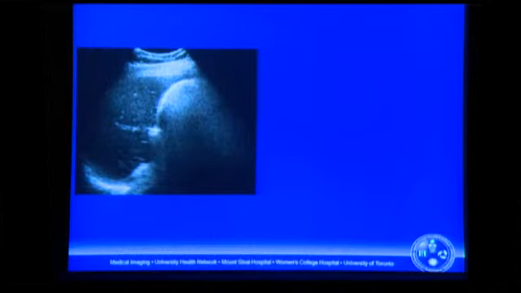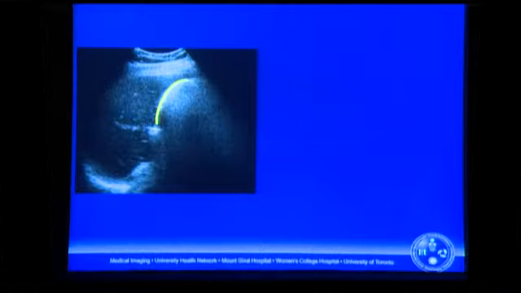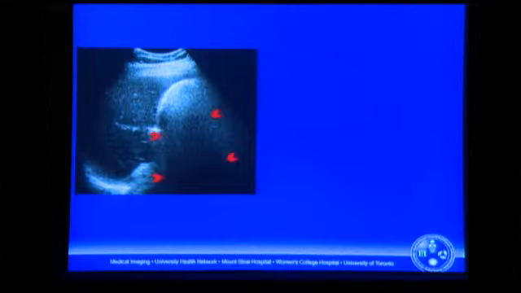Here's a nice example, the very best image we could get of the gallbladder fossa. Notice this very echogenic gallbladder wall, but the important finding here is the shadow that that wall brings about. And rather than a nice clean shadow that we would see from calcium, this is a dirty shadow or reverberation artifact from gas.